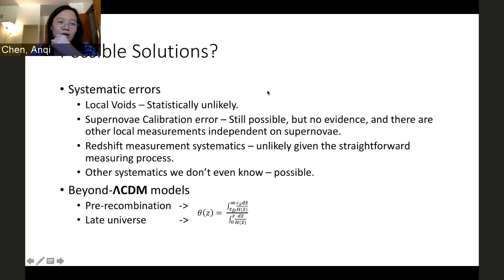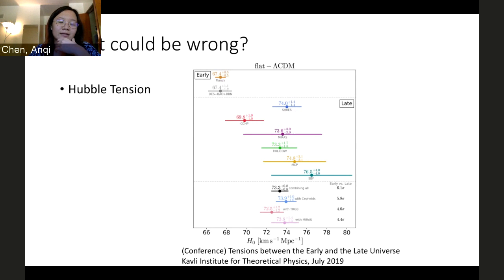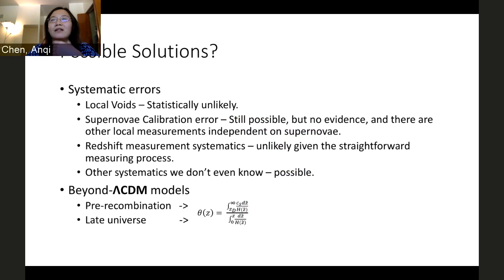That only causes about 0.6% uncertainty in the Hubble constant. But the local measurement itself is at about 1%, and the difference is already several percent. So in short, we would need about 10 to 20 sigma of uncertainty caused by this local void to cover the difference. It's statistically not likely.